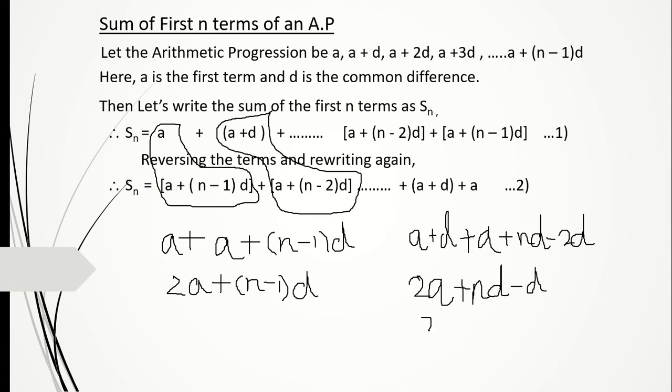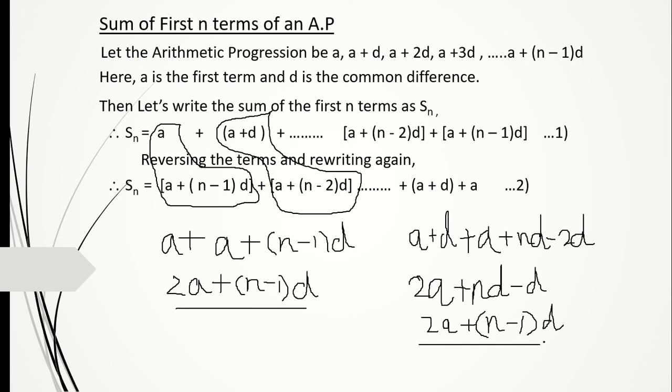So 2a I'll write as it is, plus from here nd minus d, I will take d common. So what remains here is n, and what remains here is minus 1. I'll take d common. So in this case also I got 2a plus n minus 1 d, here also 2a plus n minus 1 d.